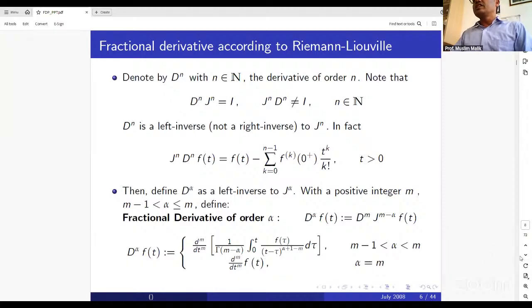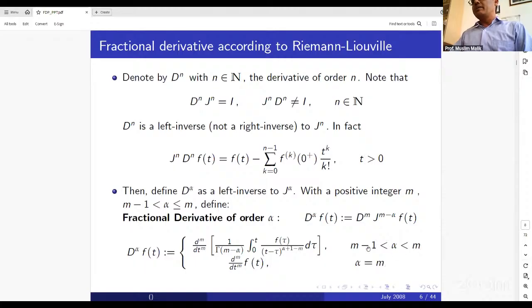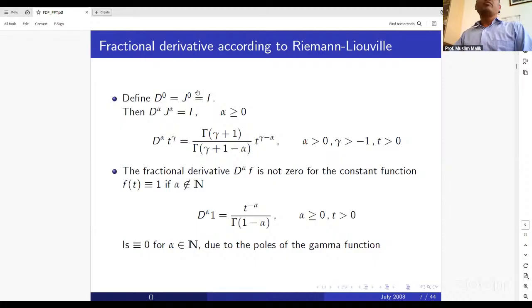In this way we are able to define the Riemann-Liouville fractional derivative of the function f. If alpha is equal to m, then we have the integer order derivative. If alpha lies between m minus 1 and m, then we have this formula for the Riemann-Liouville fractional derivative. So here we can see.